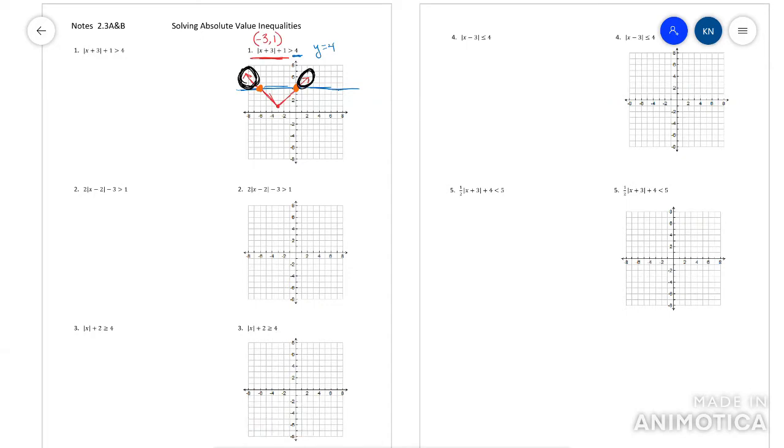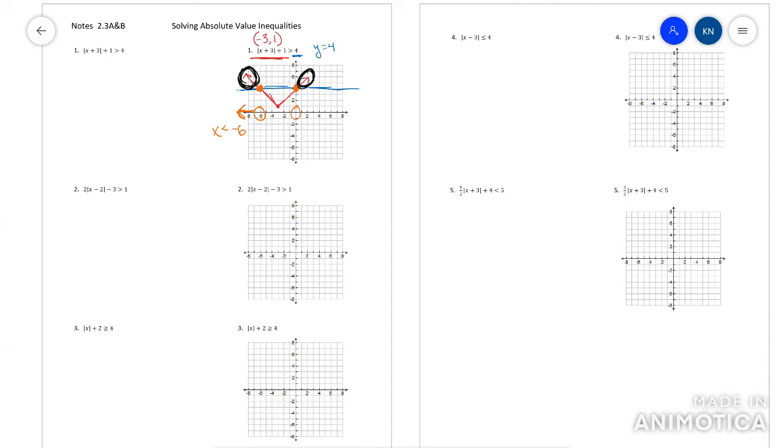So the way you answer this is you say, okay, that spot it hit was an x value of -6, and then it was everything to the left of that. So all my x's that are less than -6. And then over here, it hits a value of 0.